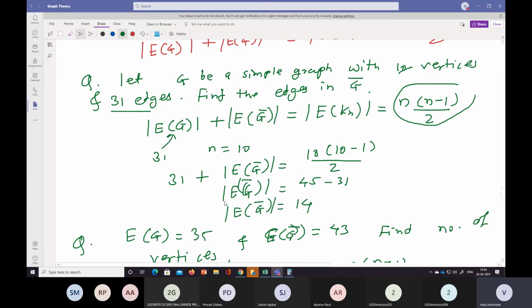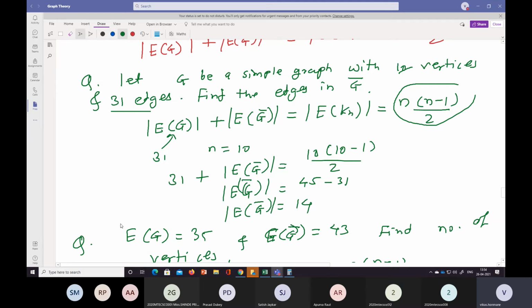Again we have given over here n is equal to 10, total number of vertices, edges is equal to 31, and this is about the non-complement. So we have to find out the number of edges in the complement graph.